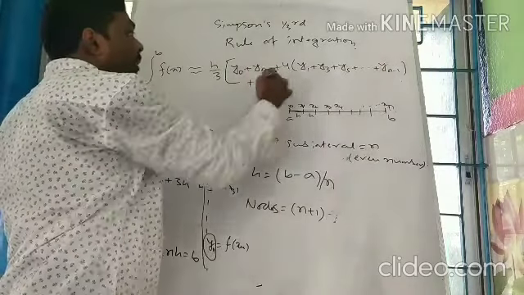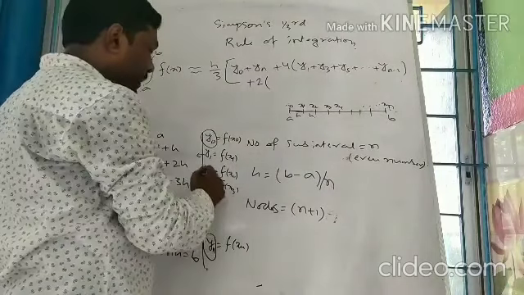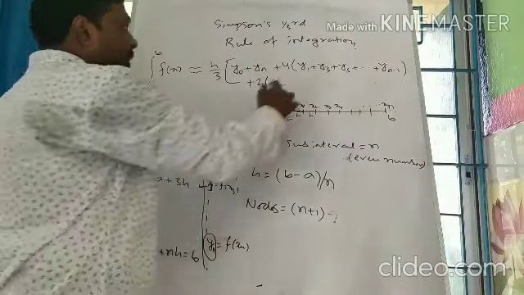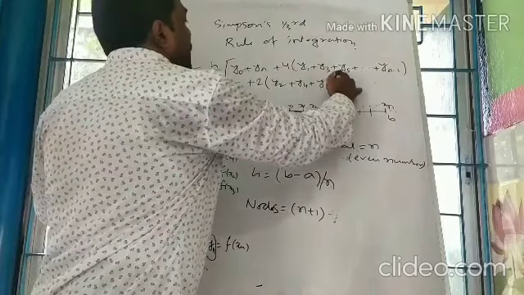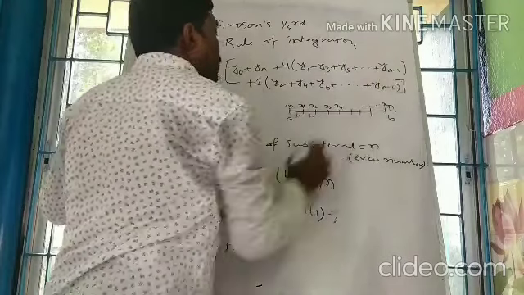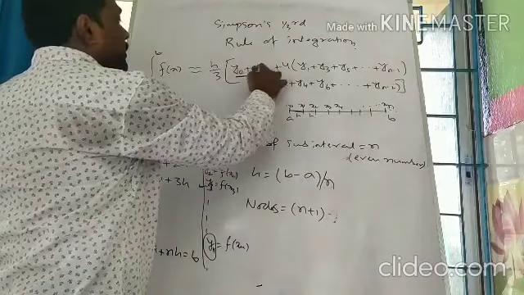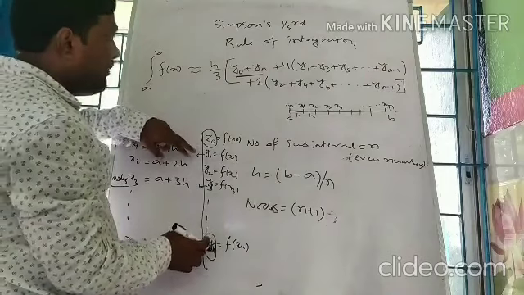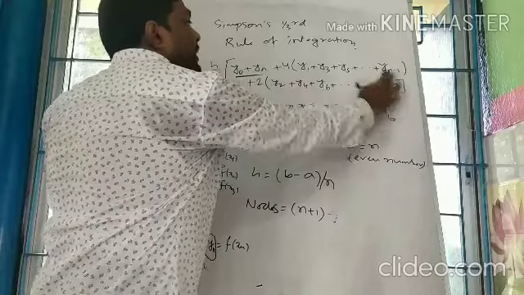Plus 2 into the sum of all even ordinates. The sum of all even ordinates is y2 plus y4 plus y6 plus up to y(n minus 2). Since n is even, y0 and yn are already taken, so the remaining even ordinates are y2, y4, y6, up to y(n minus 2).